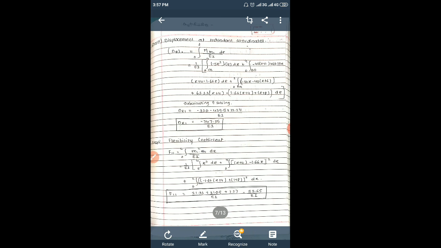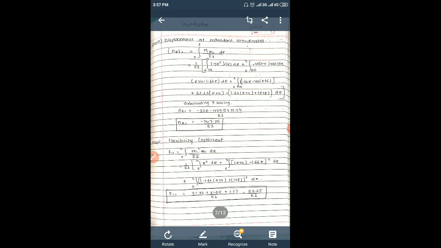Now moving towards the calculation of coefficients, that is the displacement coefficients and flexibility coefficient. Here, the displacement at the redundant coefficient is a very common step in all the numericals of the flexibility matrix. Here we are going to determine the deformation in the indeterminate structure in the direction of the redundant.